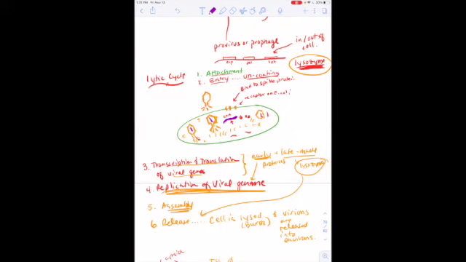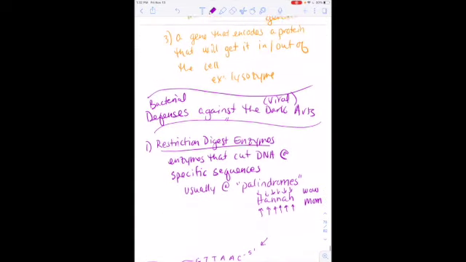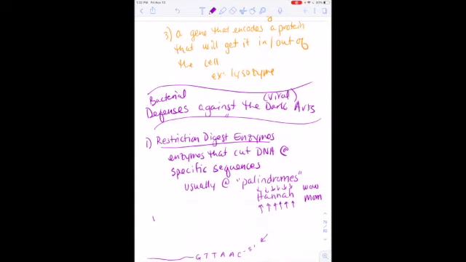So restriction digest enzymes will chop up this piece of DNA, but not chop up the cell's chromosome because it's more likely that the cell's chromosome has been methylated at this point. So let's come back down here. They don't cut methylated DNA, so they'll probably only cut the viral DNA.